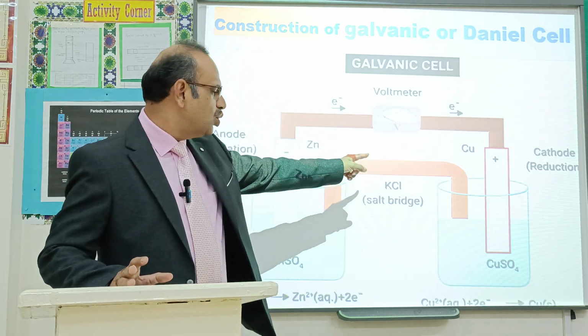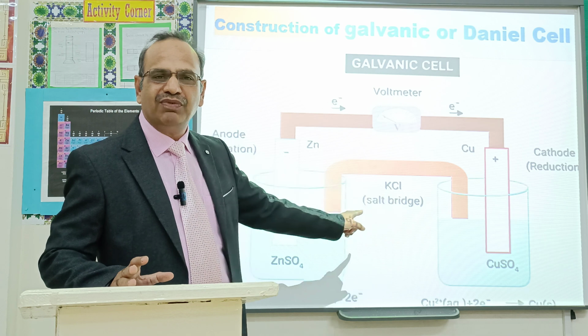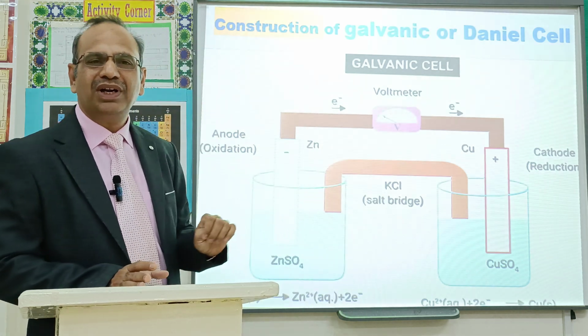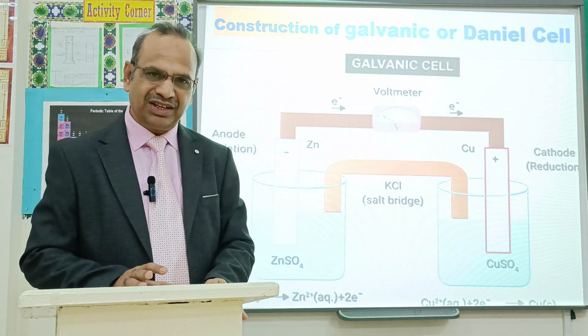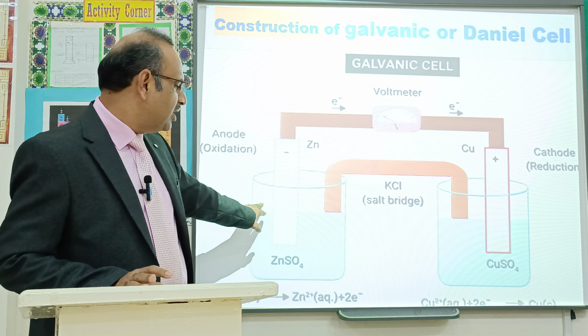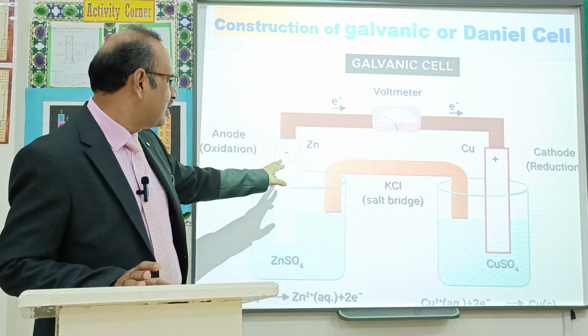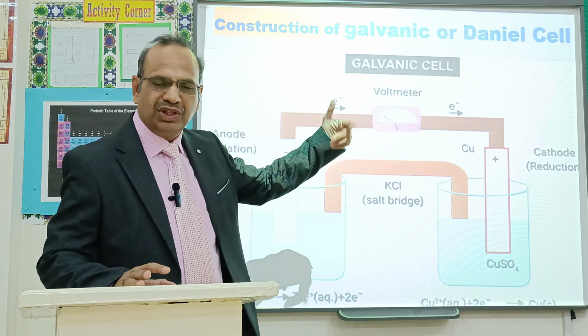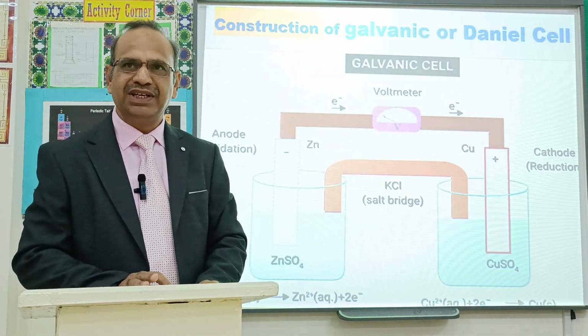A U-shaped tube is connected between these two halves, and it is called a salt bridge. It also contains salts, an ionic salt, for example potassium chloride. When the redox reaction takes place, the electrons produced from the zinc move towards the copper. In this way electricity is generated by this cell.